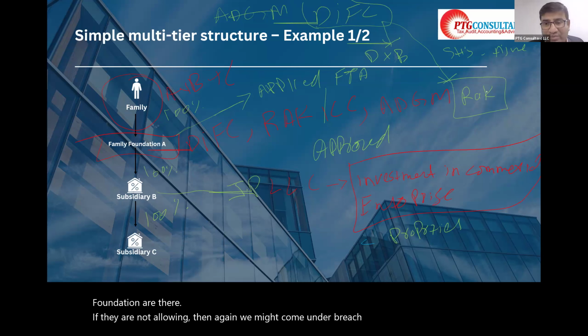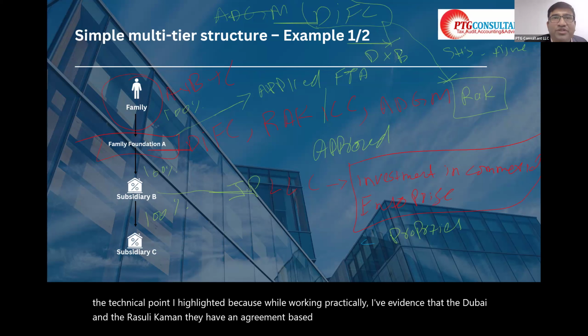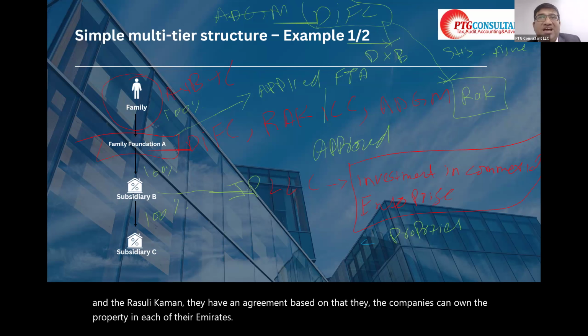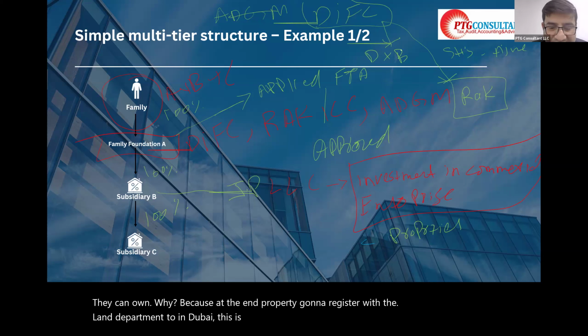This is one of the technical points I highlighted, because while working practically, I have evidence that Dubai and Ras Al Khaimah have an agreement. Based on that, the companies can own the property in each other's Emirates. Why? Because at the end, the property is going to be registered with the land department in Dubai. This is RERA. Other Emirates call it the land department.